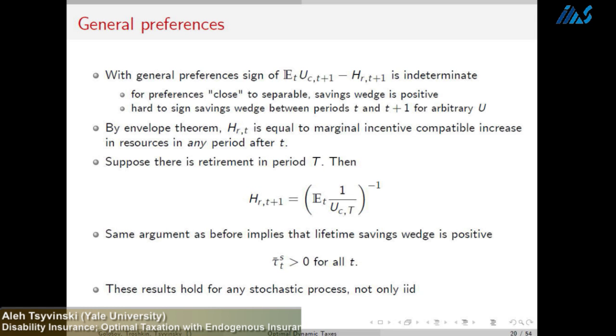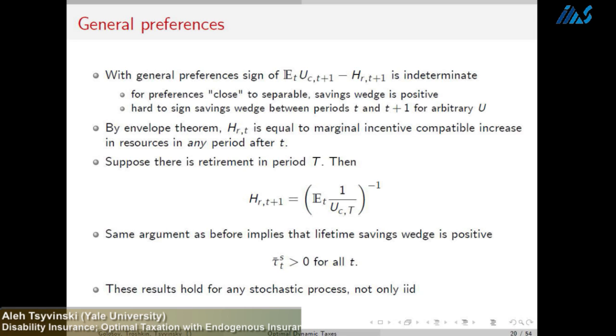Okay? All right, so what happens with non-separable preferences? Well, we can't really determine the sign between the expected marginal utility of consumption tomorrow and this indirect utility of moving R units to the future.